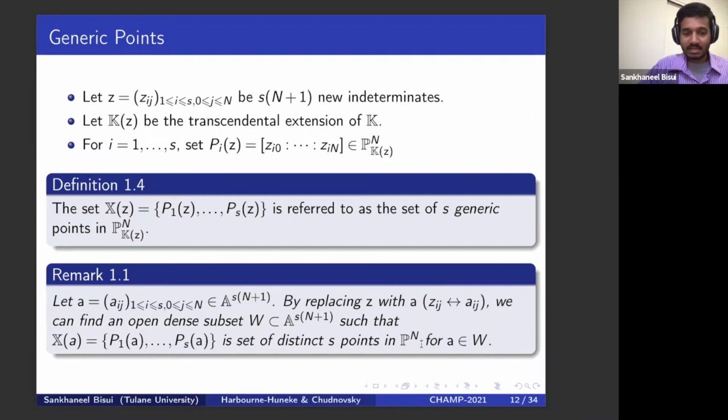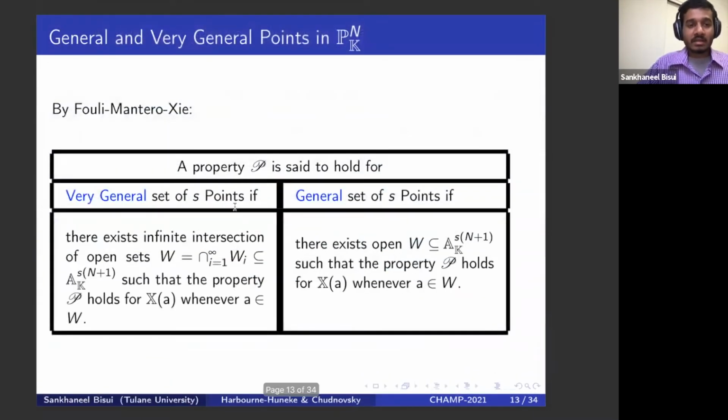Now, having said that, Fouli and Mantero said that a property P holds for a very general set of points if there exists an infinite intersection of open sets W, each sitting inside the affine space of dimension s times (n plus 1), such that the property P holds for X_a whenever a is inside the intersection.